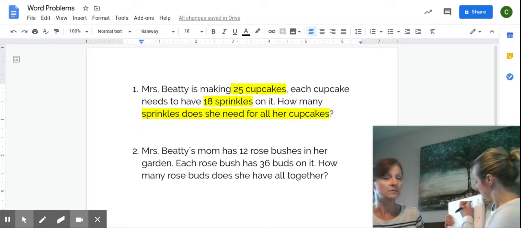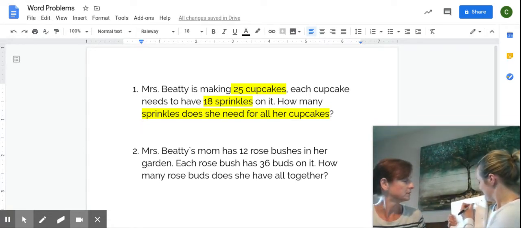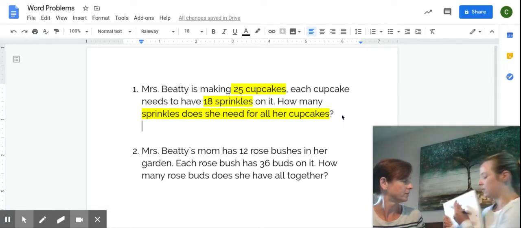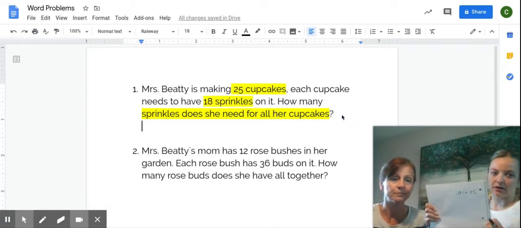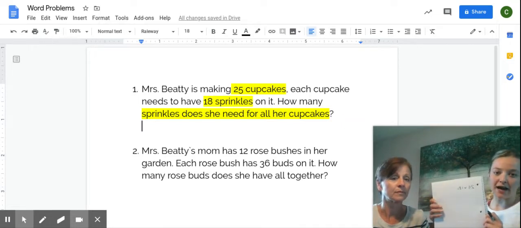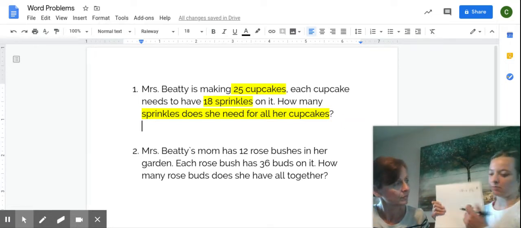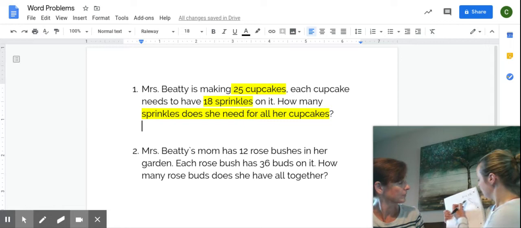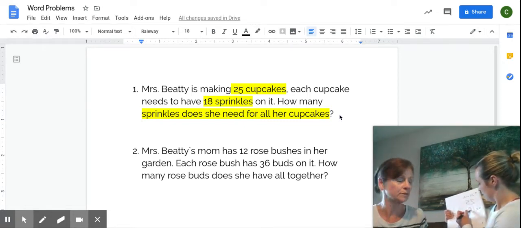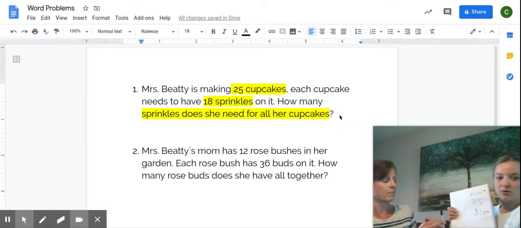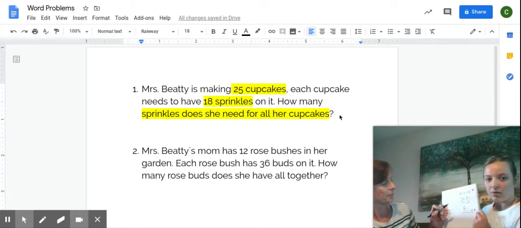First of all, we have 25 times 18. Now, when we have it written this way, this is not how we have it written for our standard algorithm. So please make sure you stack your numbers and leave room for your bow tie method. So I have 25 times what, Mom? 18 sprinkles. Okay, she is going to walk through her thinking while she is solving it.